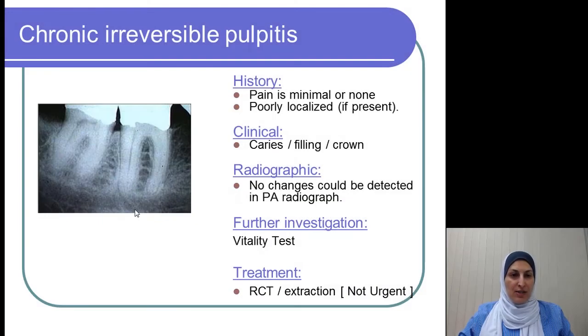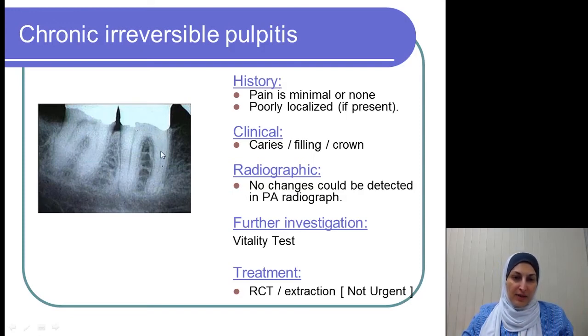When we take a radiograph in a case of chronic irreversible pulpitis, we might not see much actually. We might not see much in the periapical area. Well, what I can see here is some sort of hypersclerosis, and this is a protective measure as well.